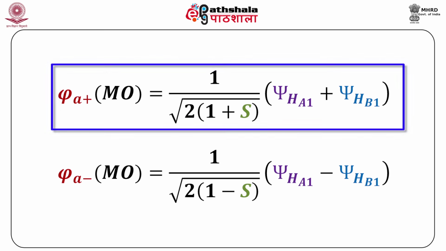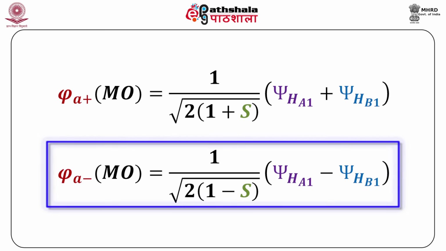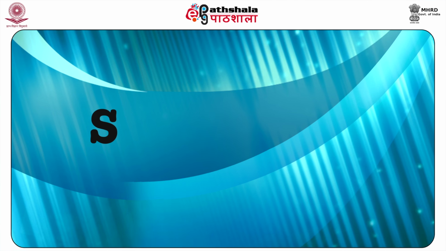And the other is phi A minus, the anti-bonding molecular orbital, given by 1 upon the square root of 2 into 1 minus S, times psi HA1 minus psi HB1.